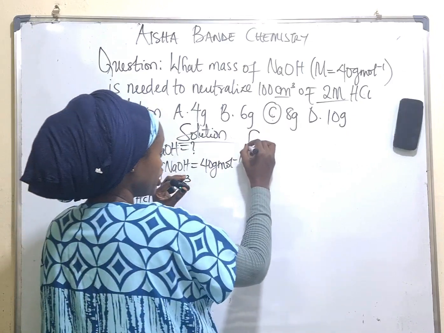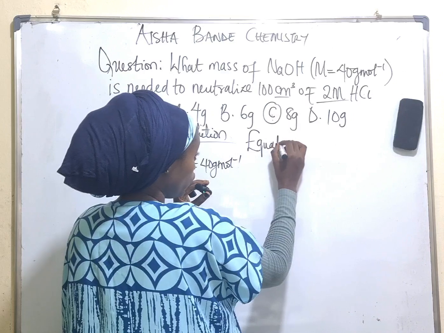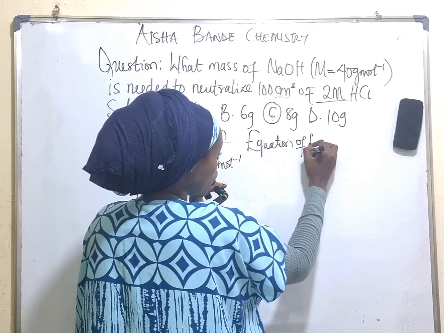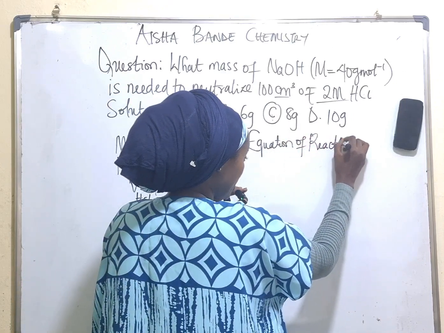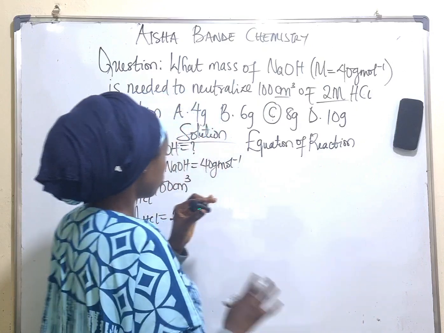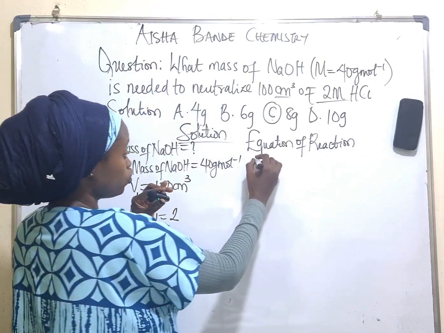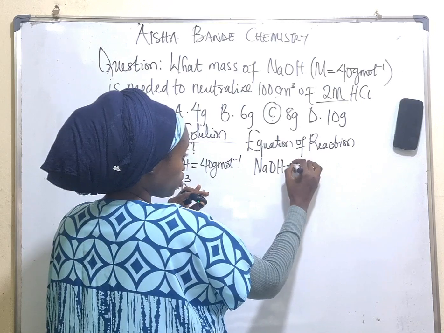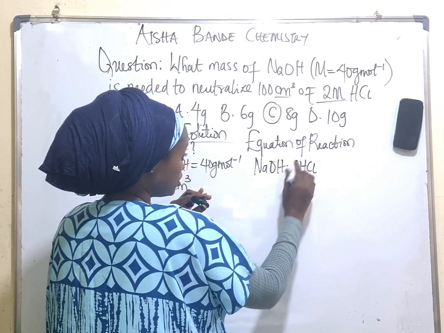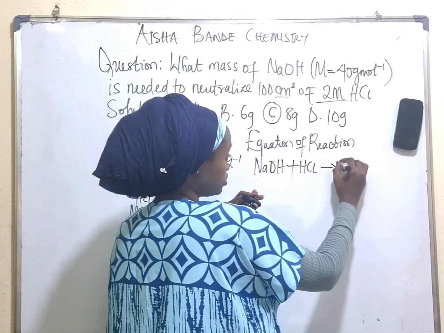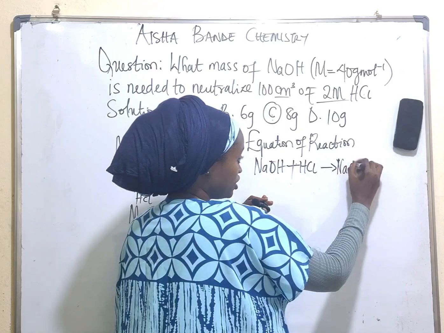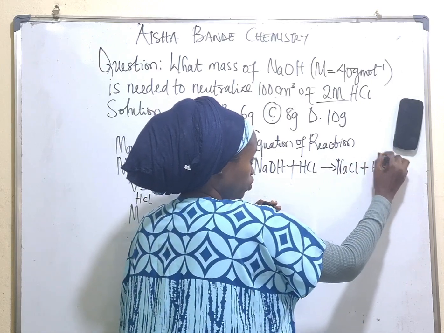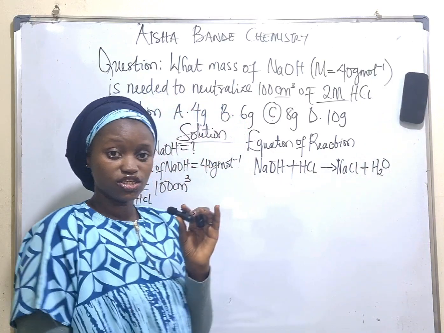Now, since we've written out all the parameters given, the next step is for us to write the equation of reaction. It's very important. The equation of reaction will guide us on what to do next and how to solve the problem correctly. So we have sodium hydroxide reacting with hydrogen chloride, HCl, to give sodium chloride plus H2O, water. Now this is the equation of reaction.